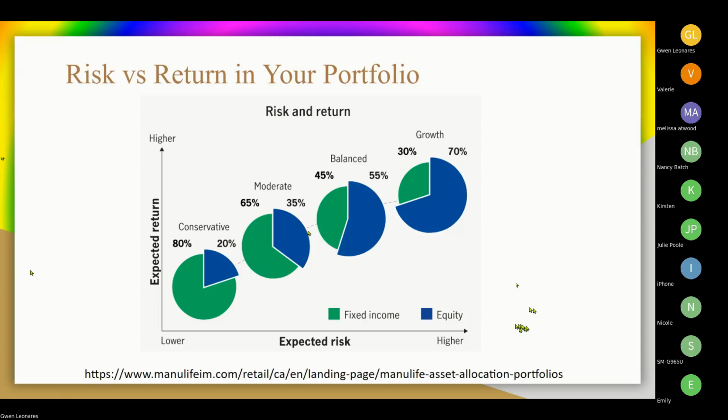Since I tend to be a little more aggressive than a lot of people, I pick a different target date fund from when I really want it. Instead of 2050, I pick 2070, so it stays aggressive longer, but it does all the balancing for you. That's why I really like target date funds, because somebody else is figuring out this part.